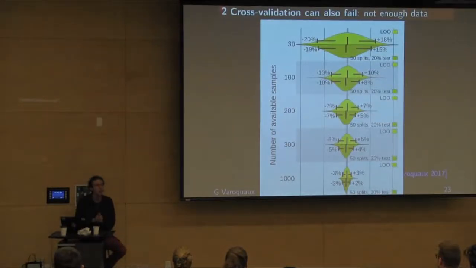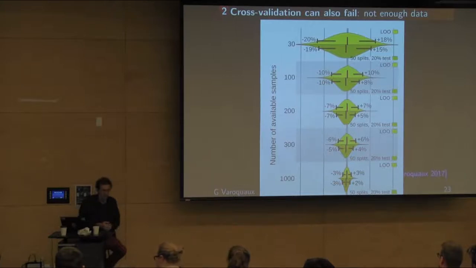A graph that I should have put here is a meta-analysis I did of published prediction accuracy for different questions, for different pathologies, as a function of sample size. What you're seeing is that basically the larger the sample, the smaller the prediction accuracy that people report in their papers. There are two possible explanations for this.